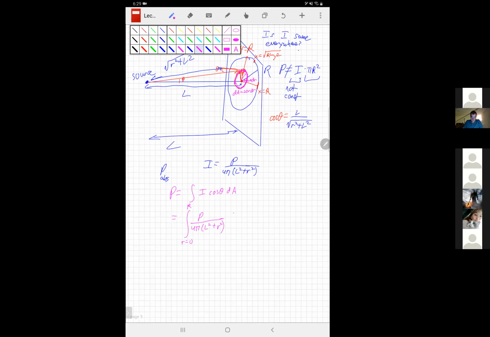Cosine theta is L over L squared plus little r squared to the 1/2. I'm skipping a step on myself. I'm skipping ahead, which I shouldn't do. I was anticipating an upcoming result.